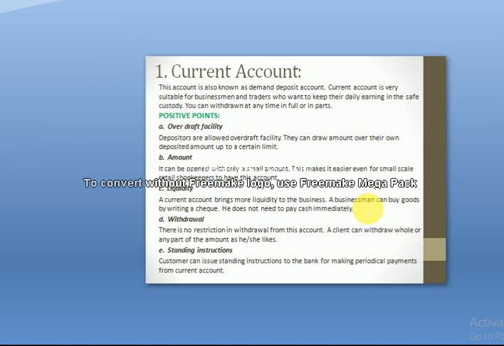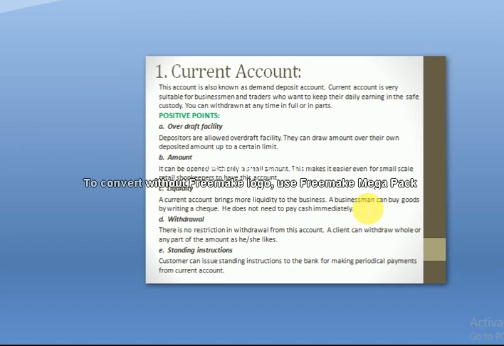So current accounts allow handling of a large volume of receipts and payments systematically, and liquidity is also one of the positive points or advantages of this account.